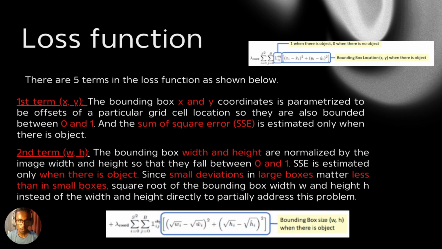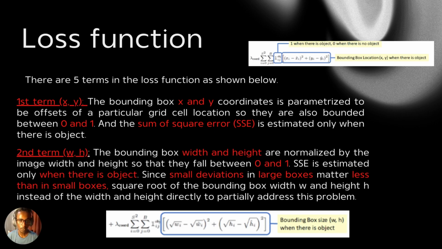The first term of the loss is going to minimize the loss using the sum squared error of the x-y coordinates. These x and y coordinate predictions might deviate from the true labels of x and y of the bounding box, and we're going to try to minimize the loss for the xy coordinates.